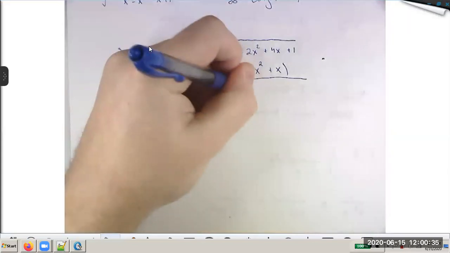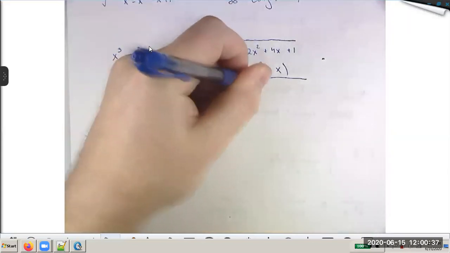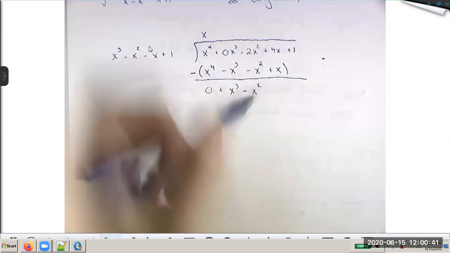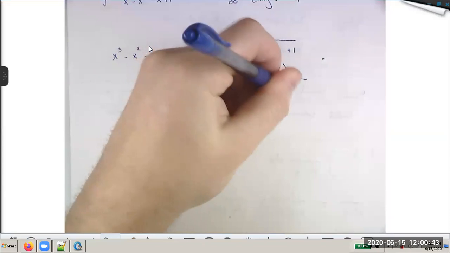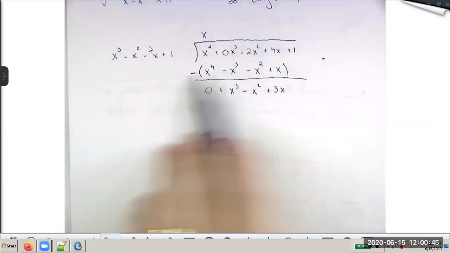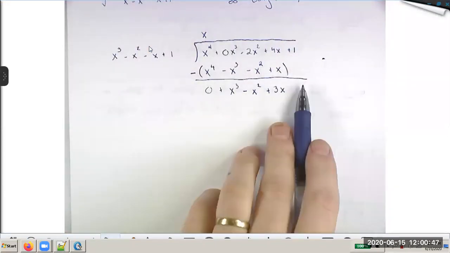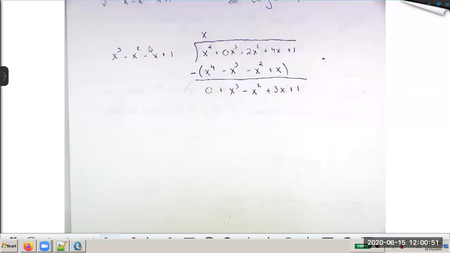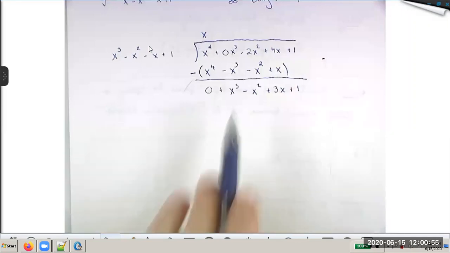That's negative 1x squared. 4x minus x is 3x. And 1 minus 0, the constant term here is 0, is 1. Or you can think of it as the 1 just comes down. That's one loop of this algorithm. Now you're just going to rinse and repeat.